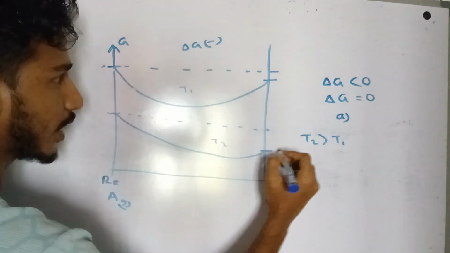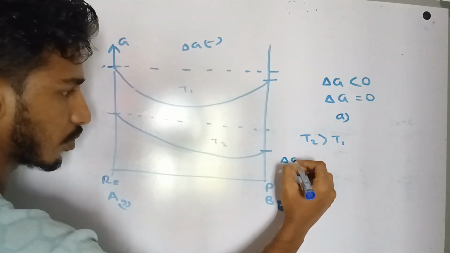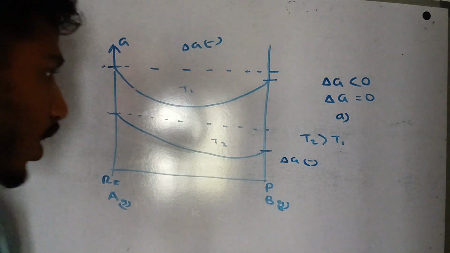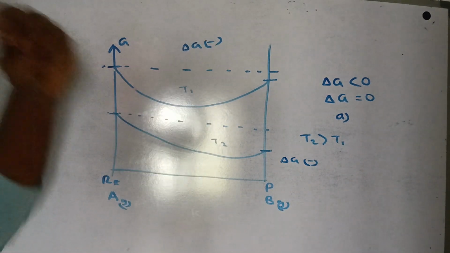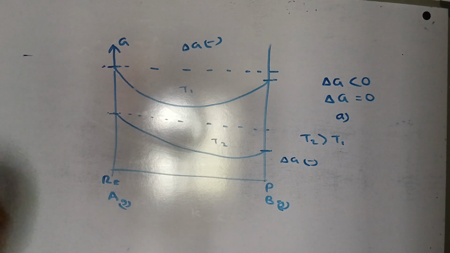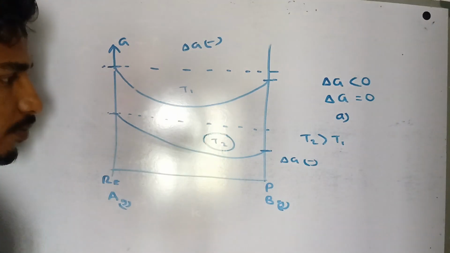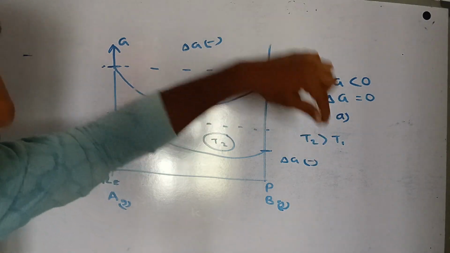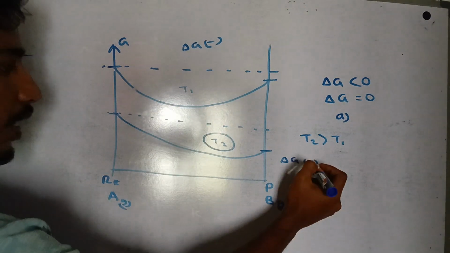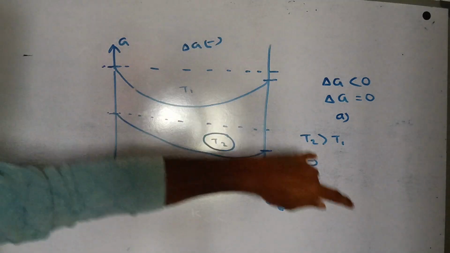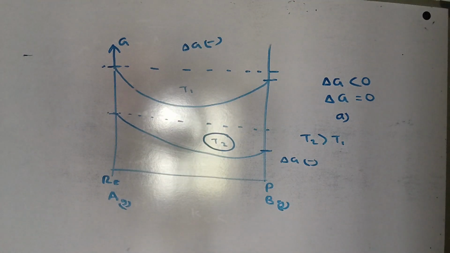So again here the delta G value is negative and it is greater in magnitude than the other. So out of these two reactions, the most feasible, or most spontaneous, reaction is when the temperature is T2, because the delta G value is negative and larger in magnitude. So it is something like -2 and -10 kilojoules per mole. So that's the first thing you should understand.